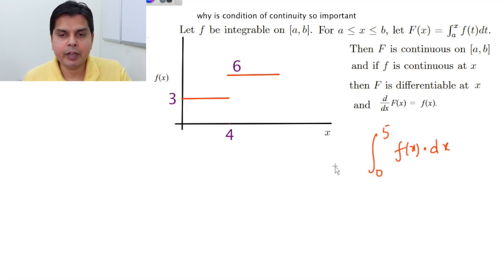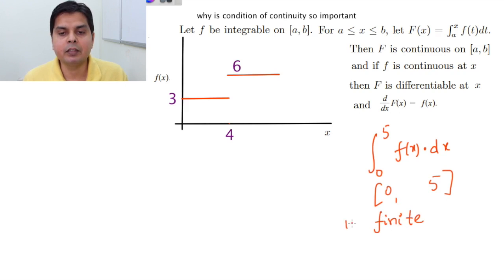For example, if I have to integrate my function from 0 to 5, I can have say 10 or 20 or 1000 or 10,000 points at which this function is discontinuous. So number one condition is that the number of points at which this function is discontinuous should be finite.